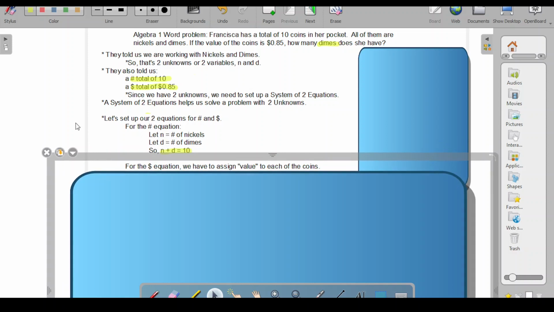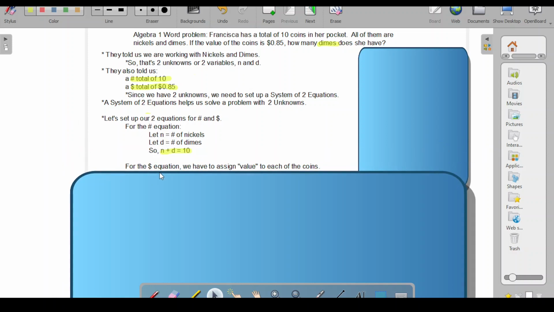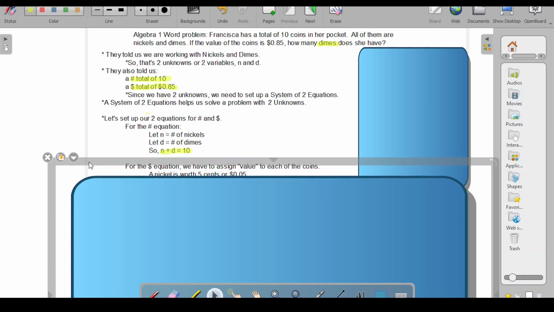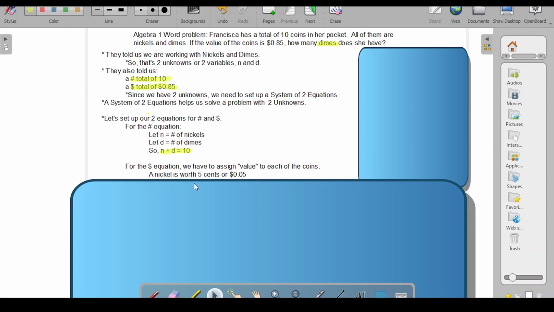So then for the money equation, we have to actually assign value to each of the coins. So we have to know what's a nickel worth, what's a dime worth. We have to assign value because we're talking money. And we know what a nickel is worth and what a dime is worth, so we're good. A nickel is worth 5 cents.